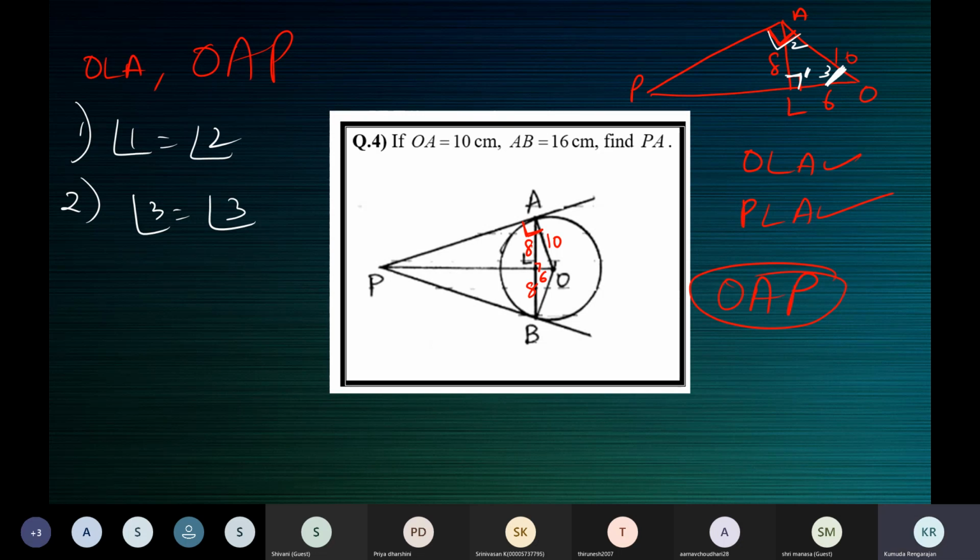So now they're similar. How do you name the triangles? The common vertex is O. The vertex with the right angle is L. And the third vertex is A. Similarly, for the big triangle, the common vertex is O. A is the right angle. The third vertex is P. OLA is similar to OAP. So now in similar triangles, corresponding sides are proportional.